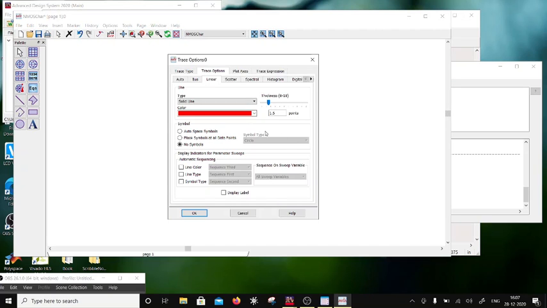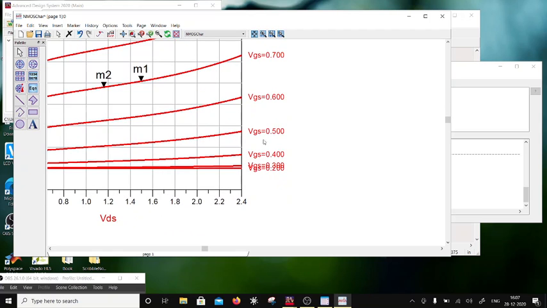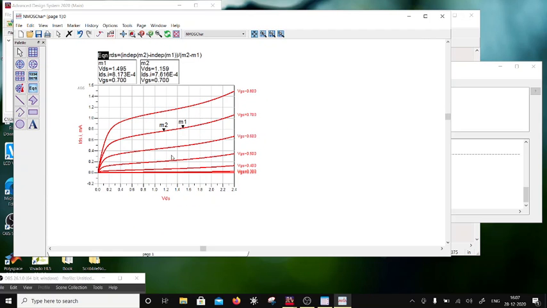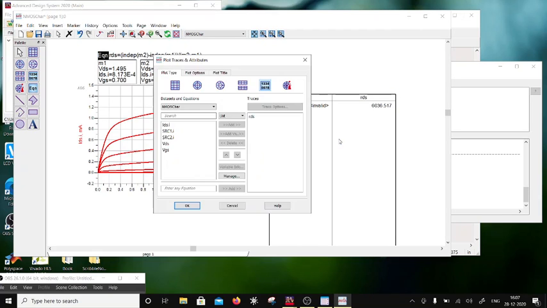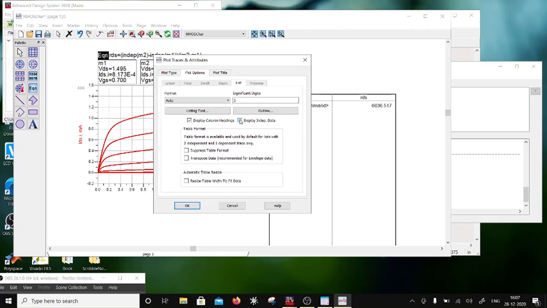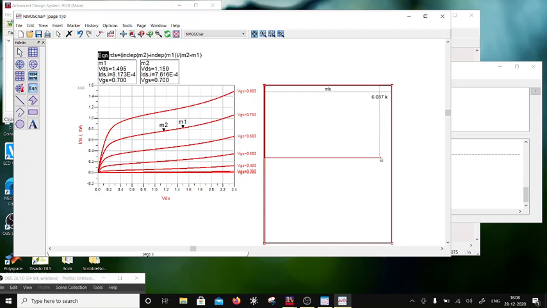And if I want to display this, if I double click it and go to display label, it will display the various values of the gate to source voltage for which these curves are. So if VGS equals 0.7, then the resistance RDS is equal to 6.037 kilo ohm.